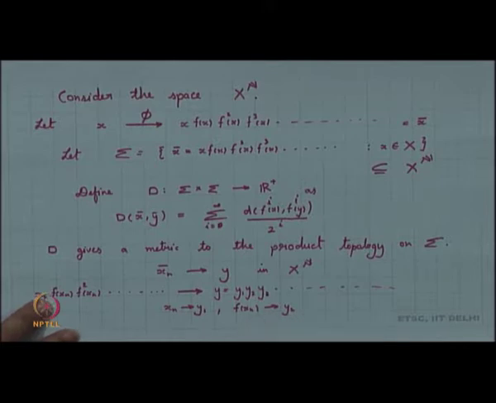But what we know very well is that f is a continuous mapping, and since x n is converging to y 1, f of x n will be converging to f of y 1. Hence my y 2 should be the same as f of y 1, and in the same way we can say that y 3 will be the same as f square y 1.